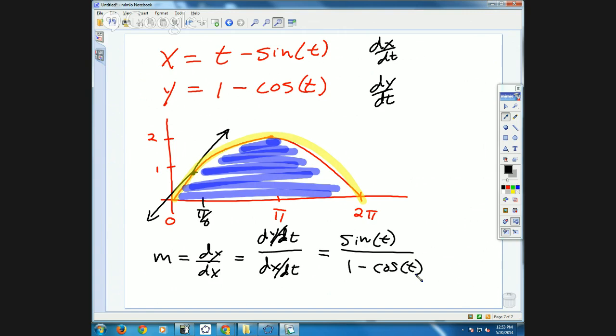Next I want to know what point that is. Oh, I did it backwards, okay. Then it would be tangent.